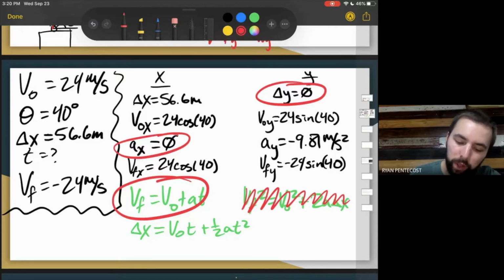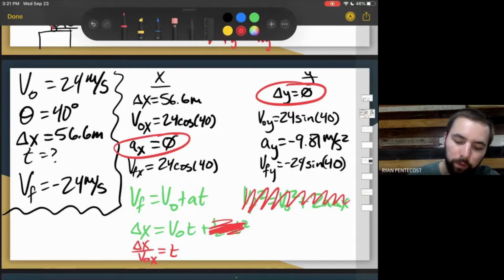That won't work. So we can't use the x for this problem, or for that equation. We could use the x here. That would go away. Then we would have delta x over V naught x equals t, right? Now, what if we did the y? Let's look at the y component, right? So this time delta y is 0. So here, a is not 0, delta y is 0.